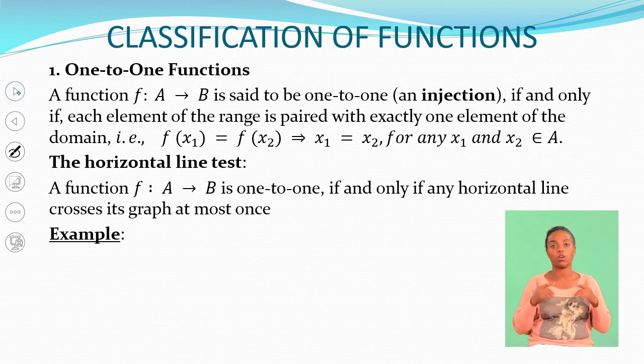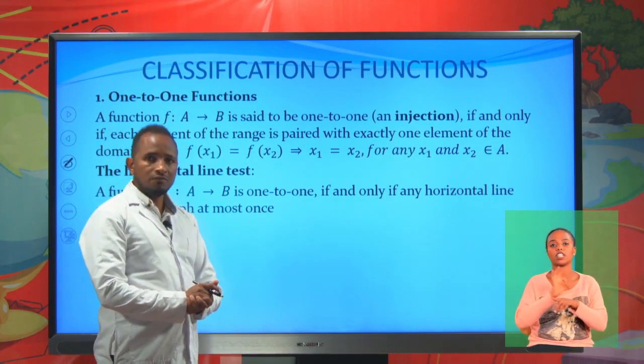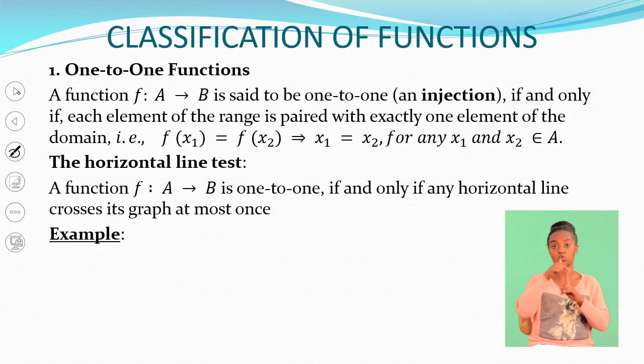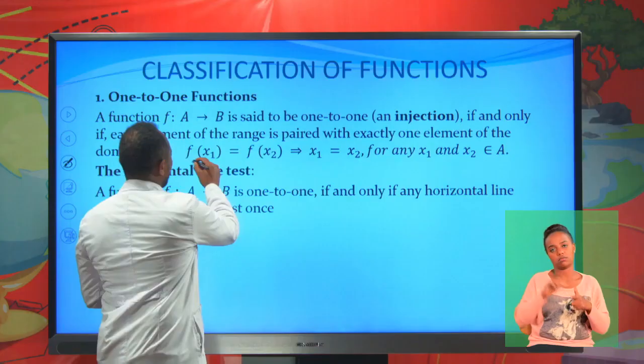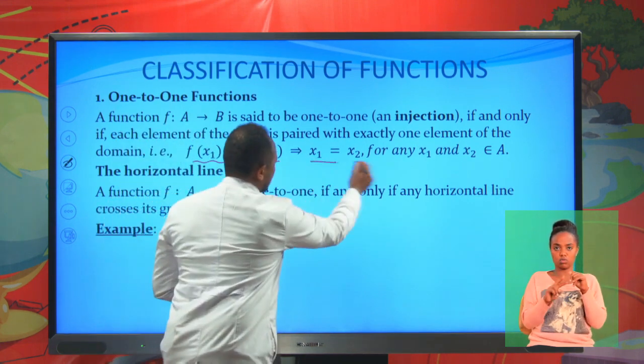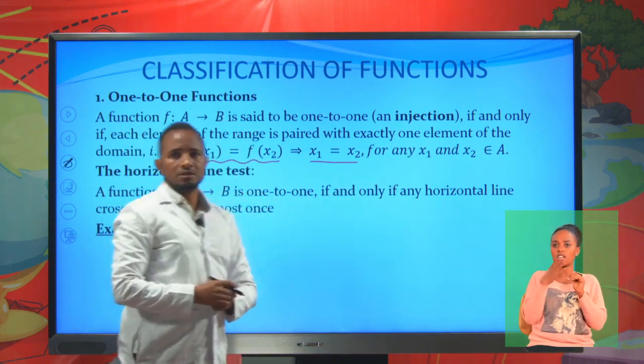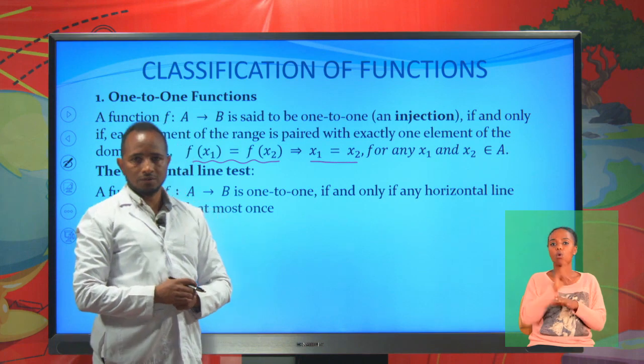Now let's see classification of functions. The first one is the one-to-one function. A function f from A to B is said to be one-to-one or injective if and only if each element of the range is paired with exactly one element of the domain. Or in other words, if f(x1) is equal to f(x2) implies x1 is equal to x2 for any x1 and x2 in A, then we call the function a one-to-one function.